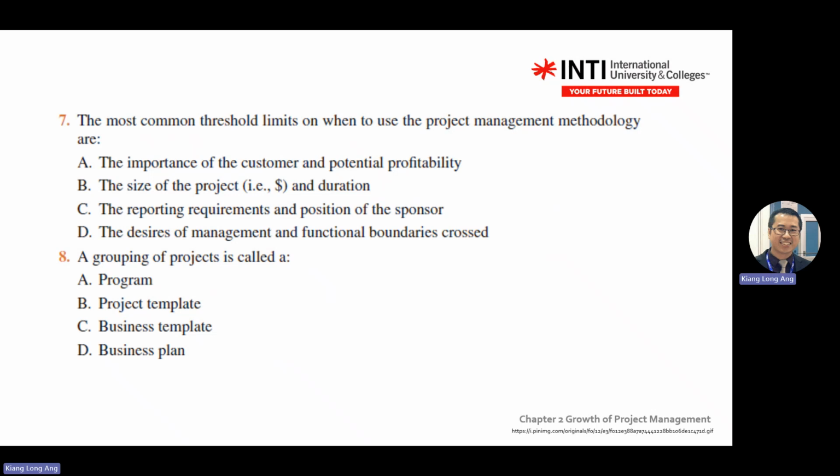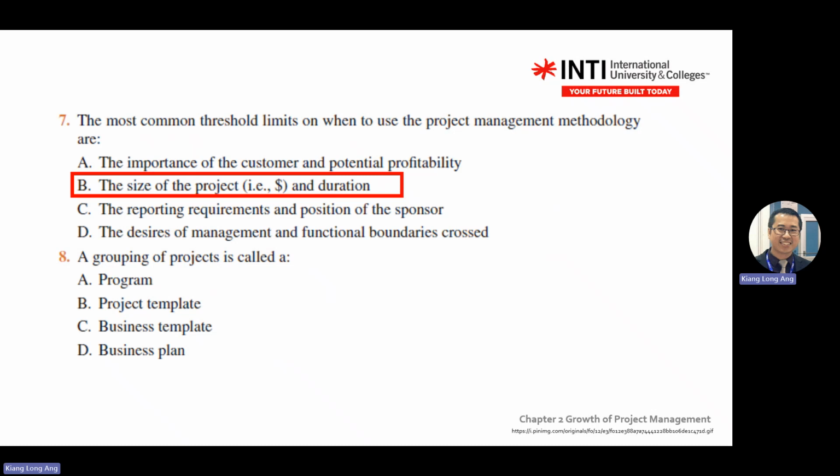That's the project duration. Okay. So the dollar signs tell you already. Time duration. Of course, the first one is also very near to the answer, but it gives you the size of the project, and duration will tell you which project management methodology to use.